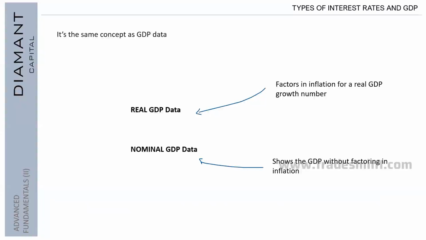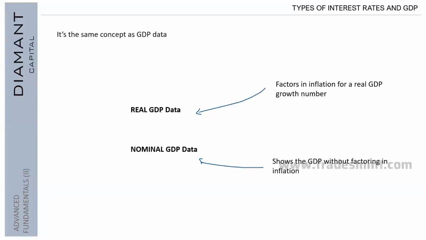It's the same concept as GDP data. You've got real GDP data and then you've got nominal GDP data. When it comes to GDP, you're talking about gross domestic product. That's the productivity of an economy. Now an economy might flaunt and say, oh yes, our GDP has increased. They'll look at nominal because they'll say, this is how much has increased without factoring in inflation.